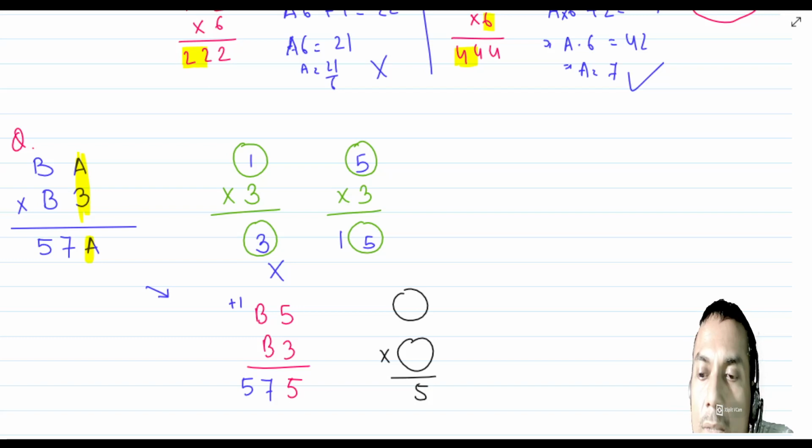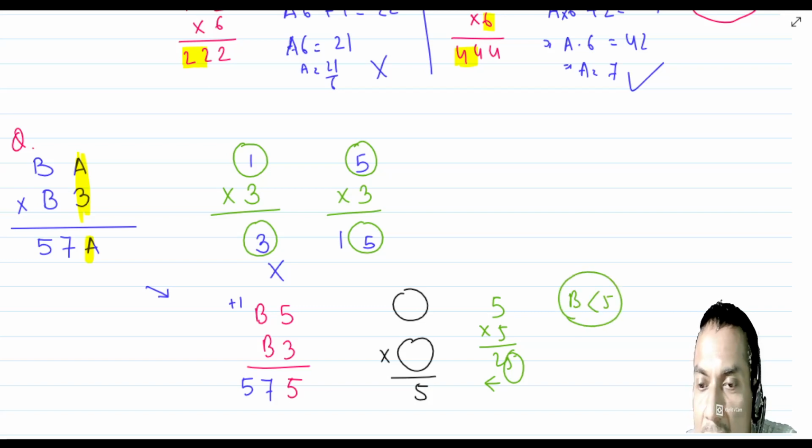It is not possible, because if we multiply 5 into 5, we get 25. So 5 is okay, but since on the left side there is nothing, it would be a 4-digit number, but it is a 3-digit number, so we cannot consider 5. B must be less than 5.